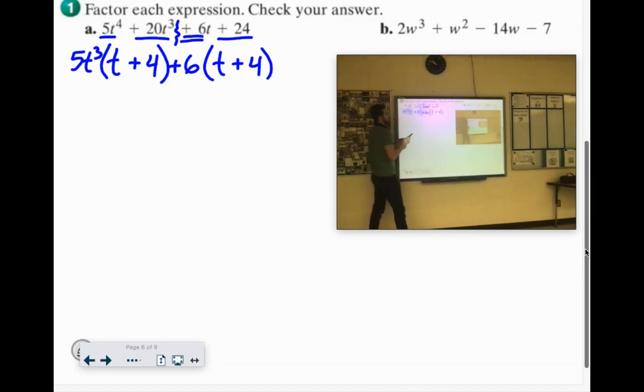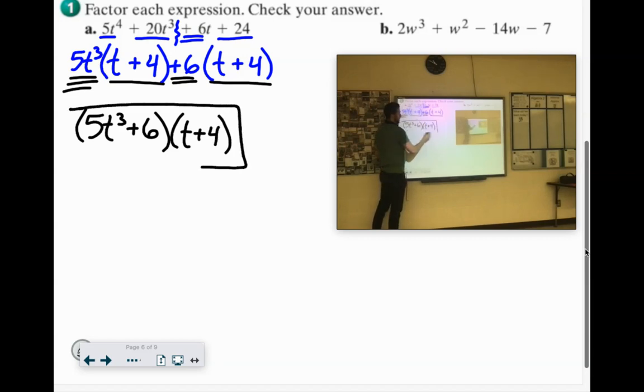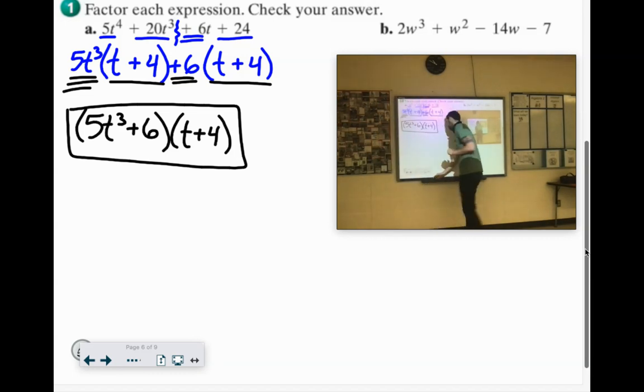So in one of the sets of parentheses, we have the stuff factored on the outside, the 5t to the third plus 6. The other set of parentheses is the stuff they have in common, t plus 4. If you have the extra time on a test or quiz, FOIL it, make sure it works.